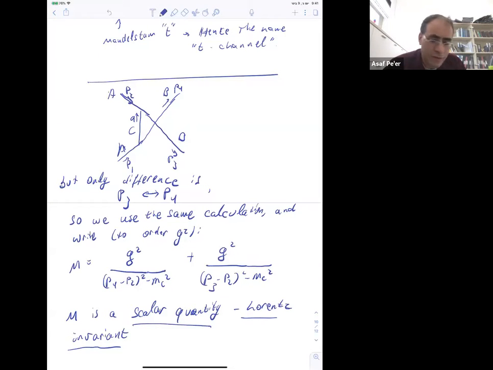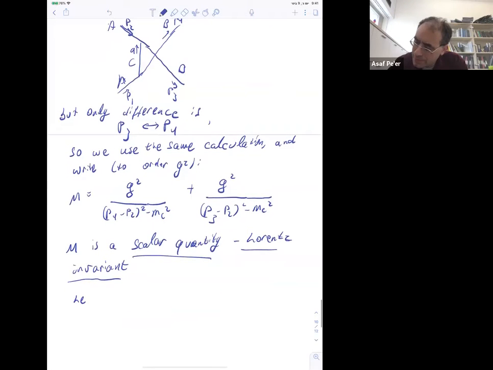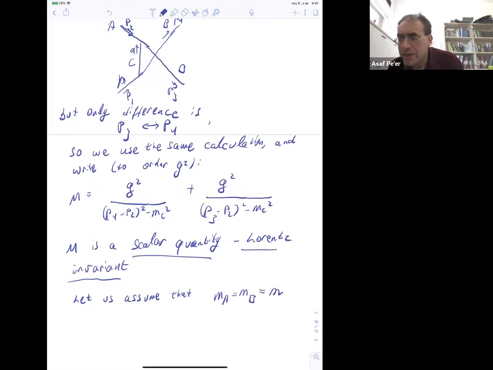So just to show you that this really is what we think it is, let's assume for simplicity that MA is equal to MB is equal to M. So we have a scattering between two particles of the same masses.